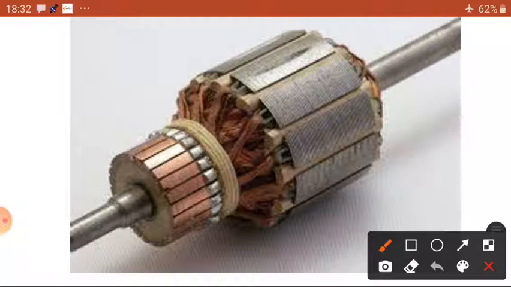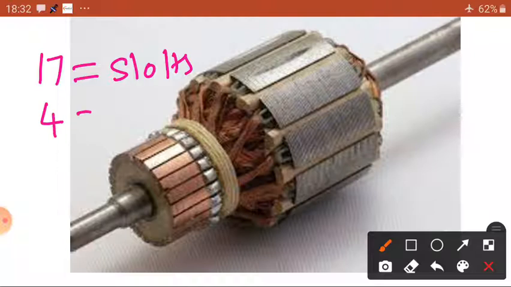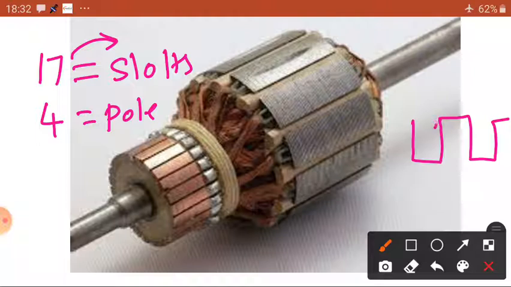Here 17 armature slots. So slots S is equal to 17, and a 4-pole machine is given. So it's a double layer. That means each armature slot consists of 2 conductors.